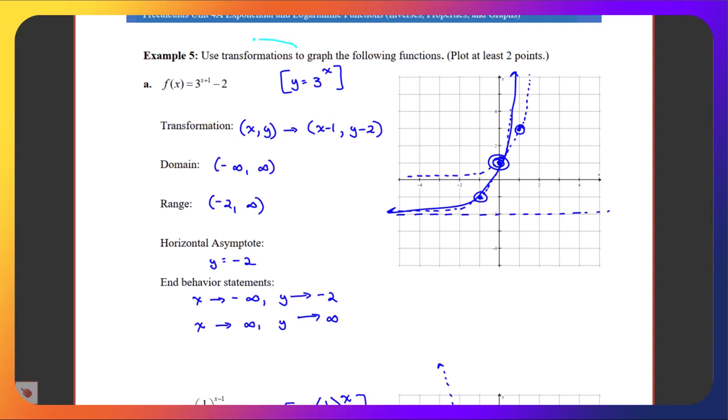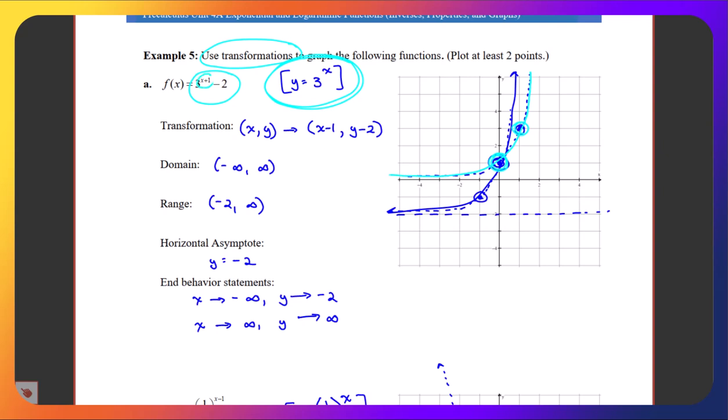So using transformations, you always need a parent graph to start with. So I look at this, and I look at 3 to the x. 3 to the 0 is 1. 3 to the first is 3. So this dotted graph here is my parent graph.